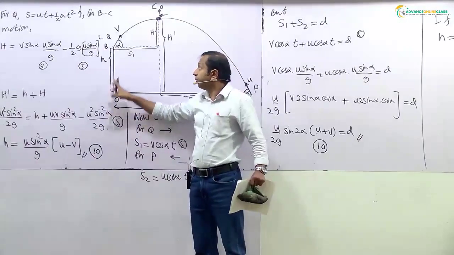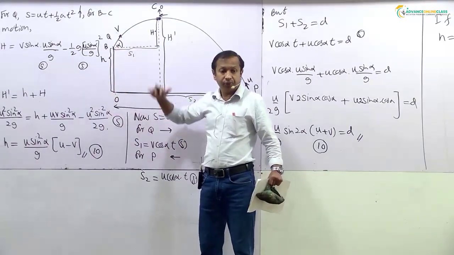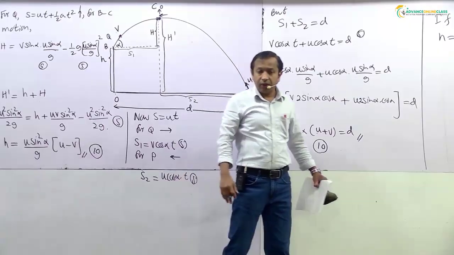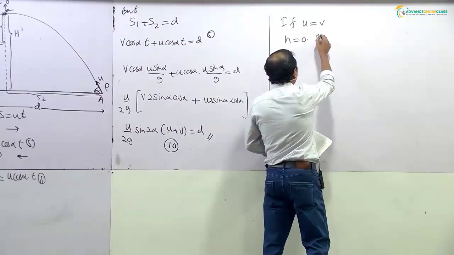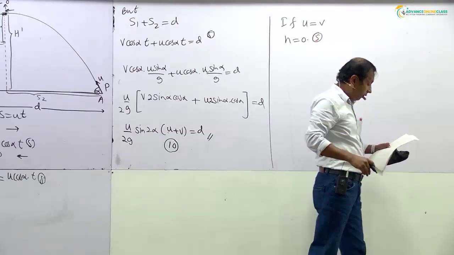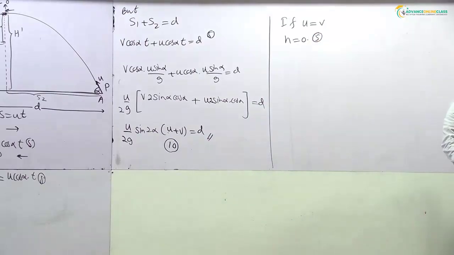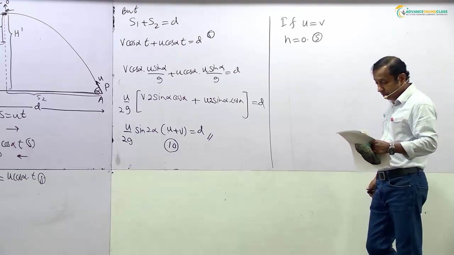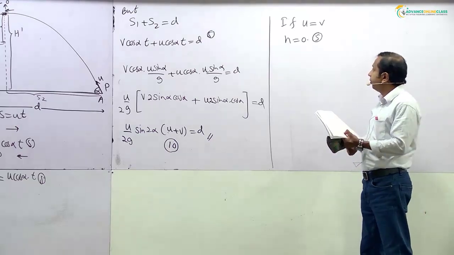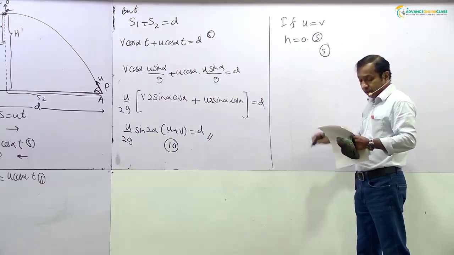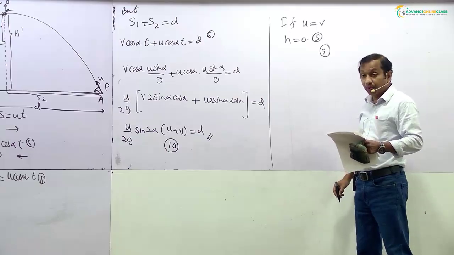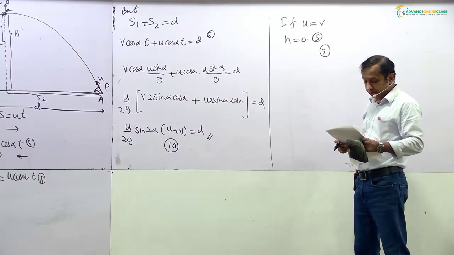This height is 0 means particle Q is projected from the point O. Okay? Then write down H equals 0, this is 5 marks. Then write, the particle Q should be projected from O. For that sentence, 5 marks.